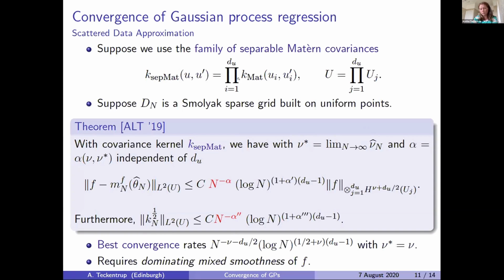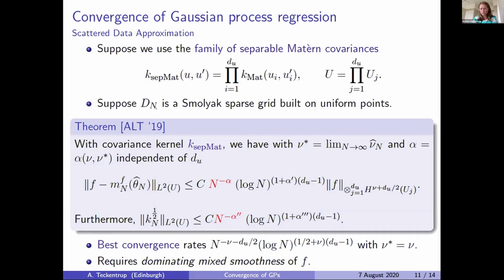So instead of a Matern kernel, the family that I showed you before, you use what are called separable or tensor product Matern kernels, which are just products of one-dimensional kernels. That makes sense because you're working in this tensor product of one-dimensional spaces. Then you do need a very specific setup for the design points.